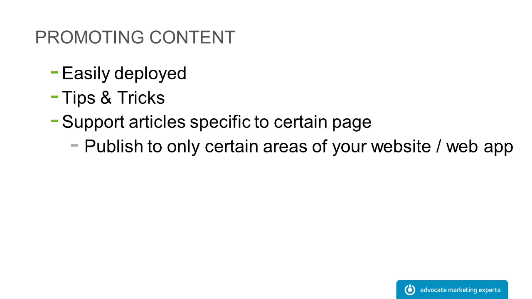For example, if you roll out a new feature and you want to tell people how to use it, or if it's a particularly confusing area of your product, you can link to some support articles or some tips and tricks, or even a blog post or community post about this particular area of your website or application. We'll talk later about how to actually target your challenges to show up in particular parts of your website. But it's very simple.